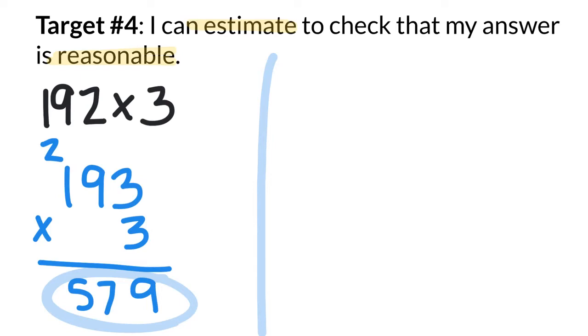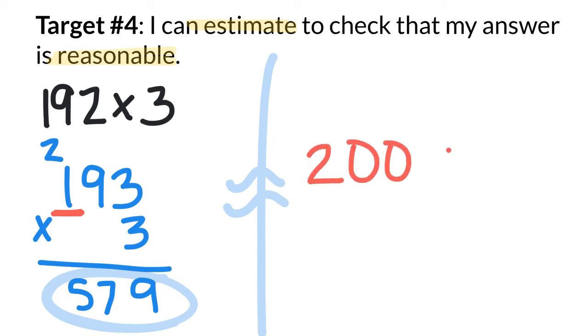First, you need to round your larger number. So we're going to take our 193 and round it to its largest place value. In 193, the largest place value here is the hundreds place. So 193 rounds up to 200. And we're going to do 200 times 3.